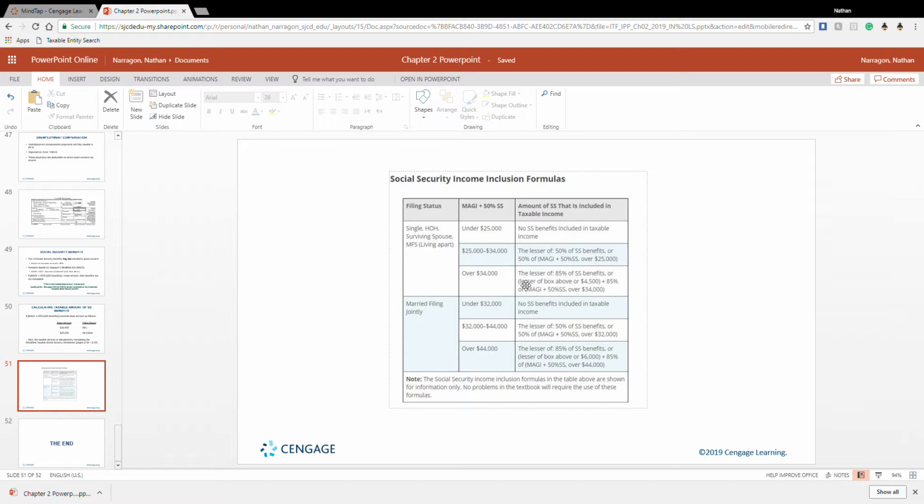And then this one, for married filing jointly, is over 34,000. We look at this formula right here. Sorry, married filing jointly, we have the same part. Again, we're going to look at the formulas right here.